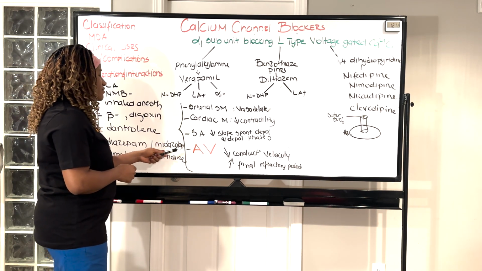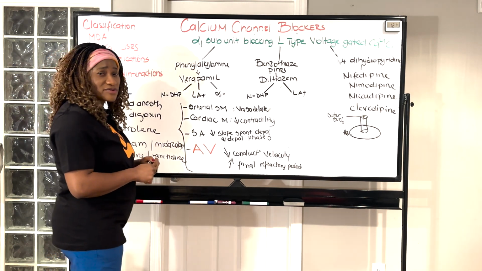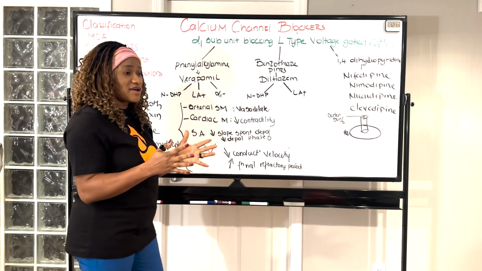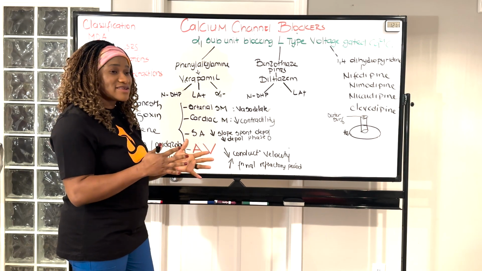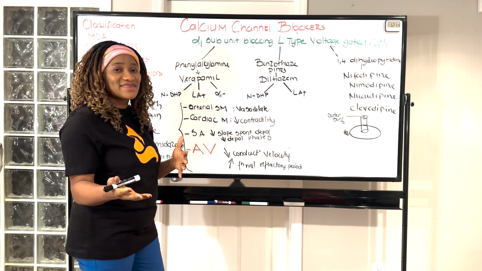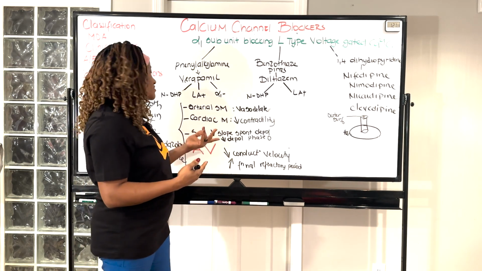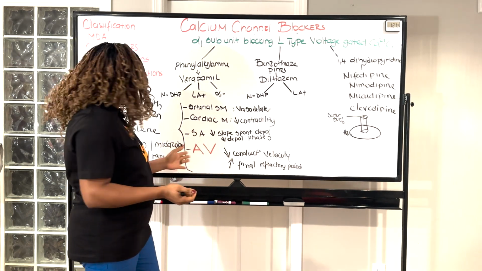And also, midazolam is a high protein binding drug, and diltiazem as well. So they're going to interact, and one is going to have to get out of the protein and be unbound and increase the toxicity. It could be diltiazem, it could be midazolam.